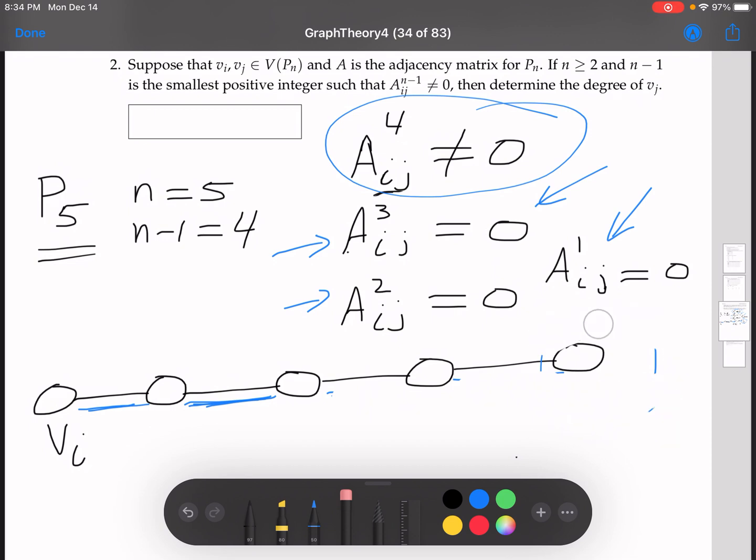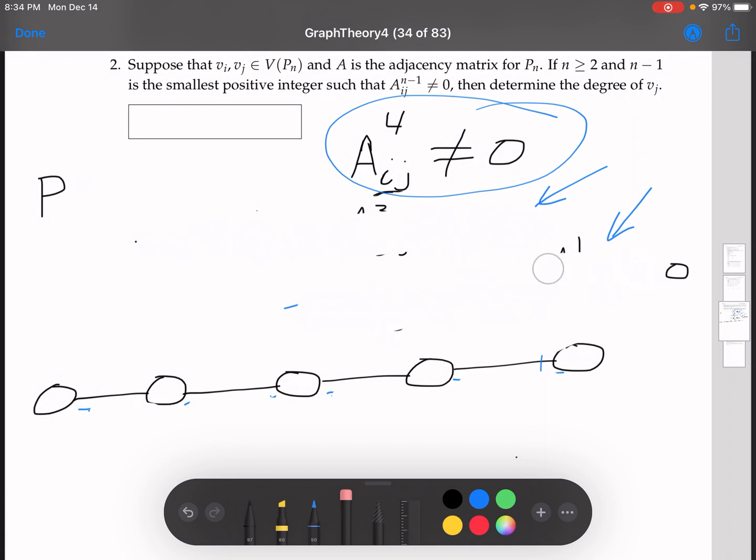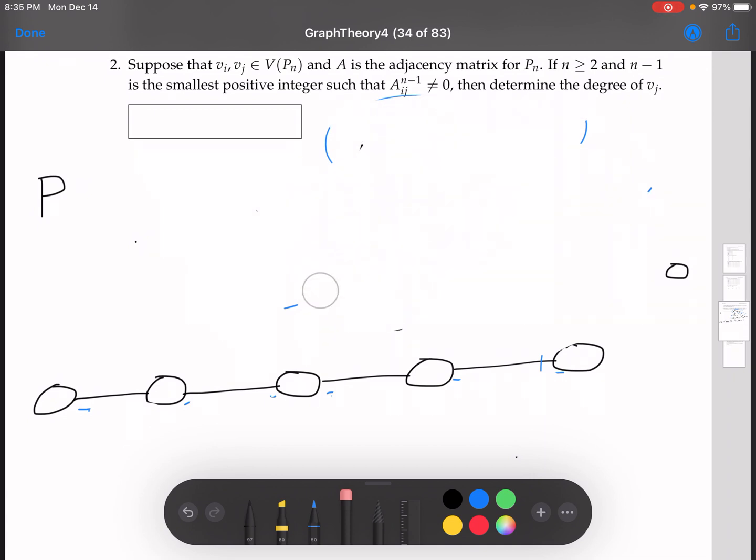Now let's generalize to Pn. So Pn, and we're told that A to the n minus 1, ij, is not 0.